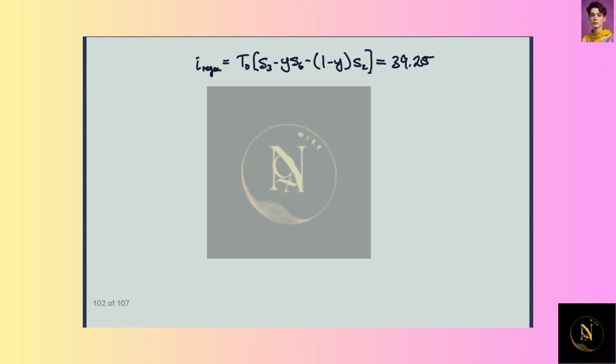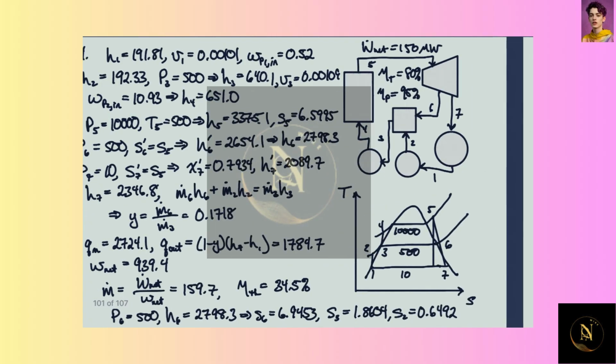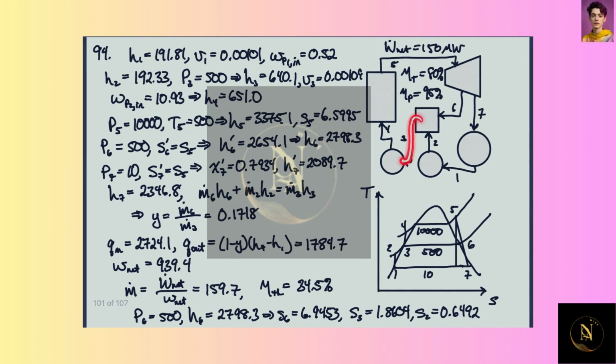And then the irreversibility of the regeneration process is just S3 minus Y times S6 minus 1 minus Y times S2. Again, just getting all these things on a per kilogram flowing out of the feedwater heater.